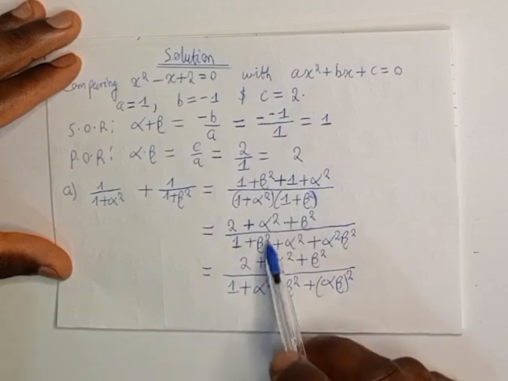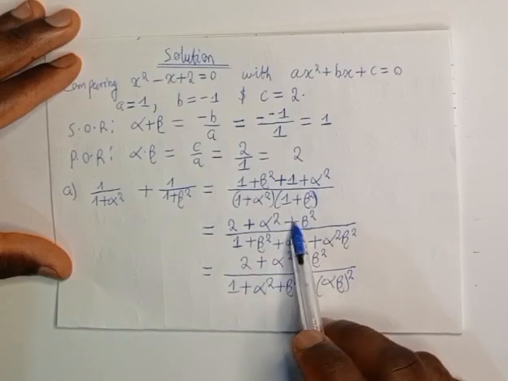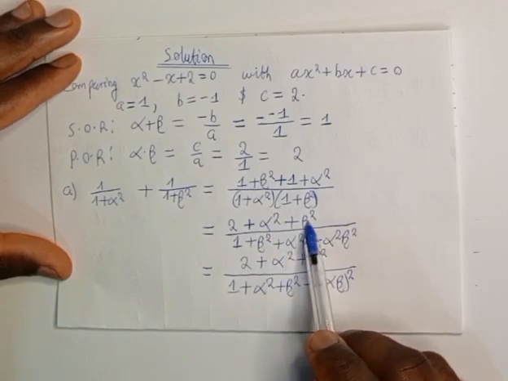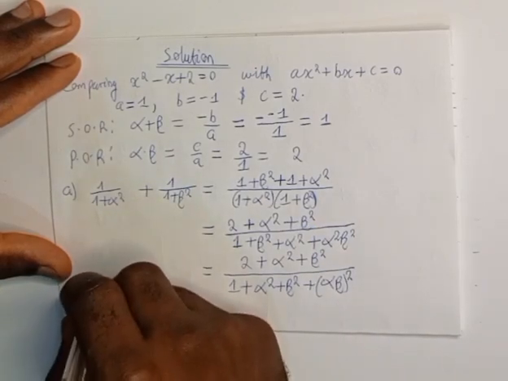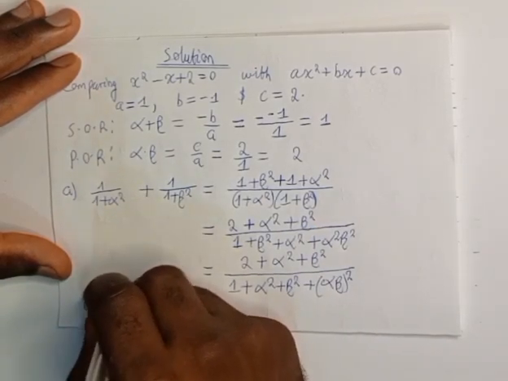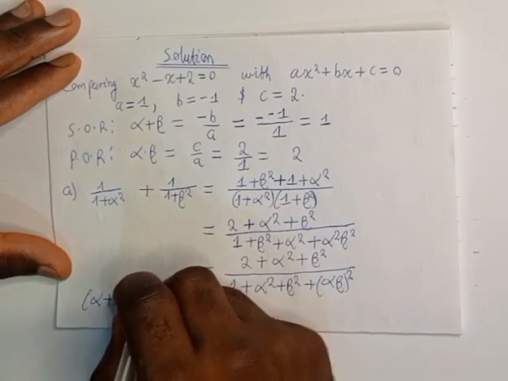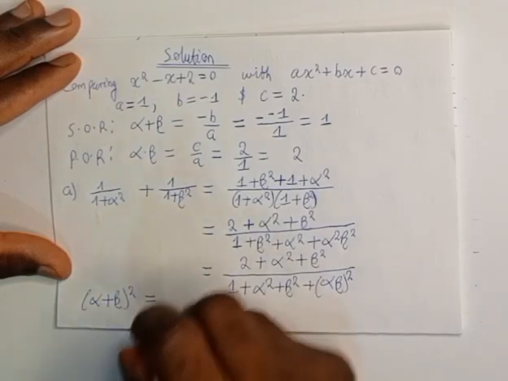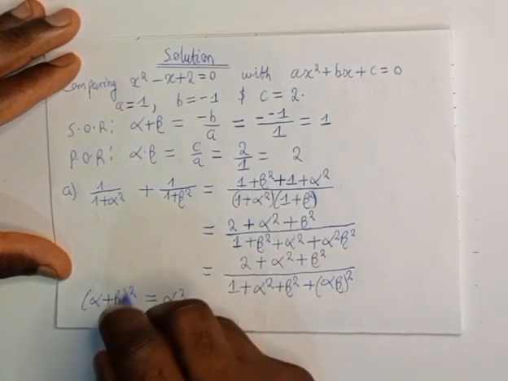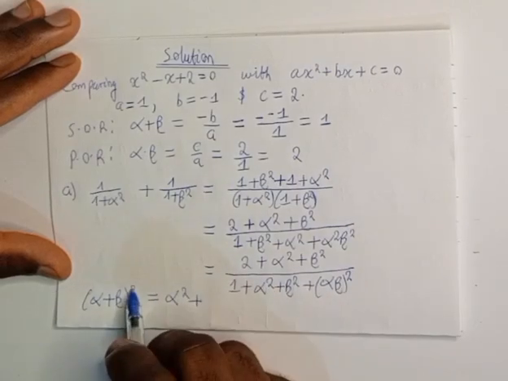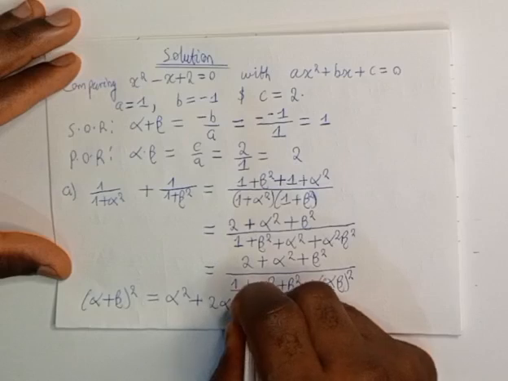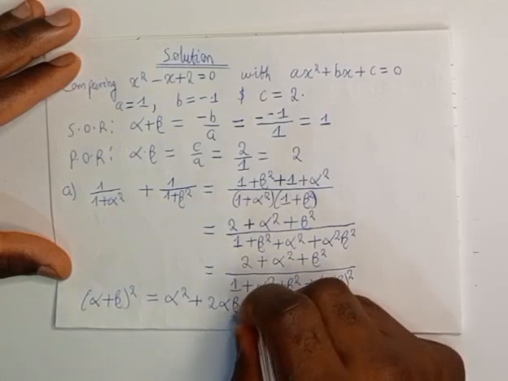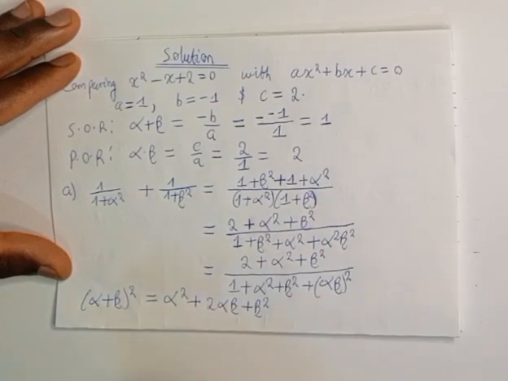Next, we have to find alpha squared plus beta squared in terms of alpha plus beta and alpha times beta. If we make use of this, alpha plus beta, all this squared, the expansion is simply alpha squared plus 2 times alpha times beta, that is 2 alpha beta, plus beta squared.